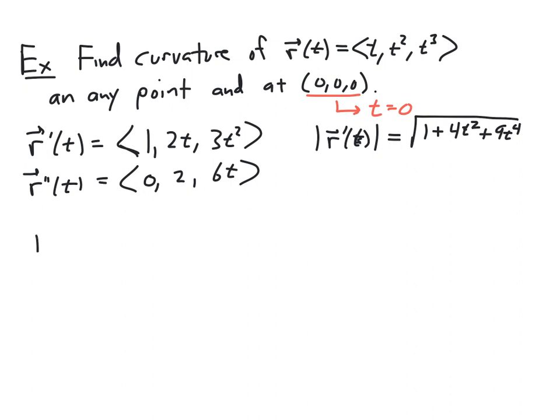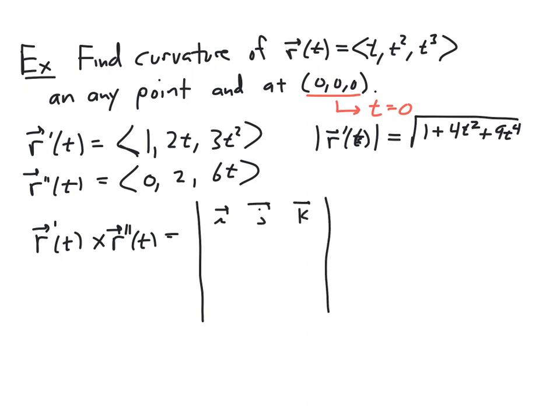And so we want to go ahead and compute r prime cross r double prime. So we'll use the determinant to do this. All right, so this is our determinant that we want to compute.